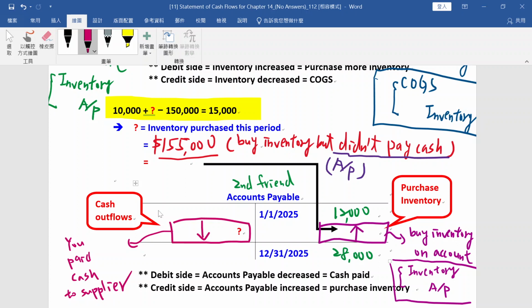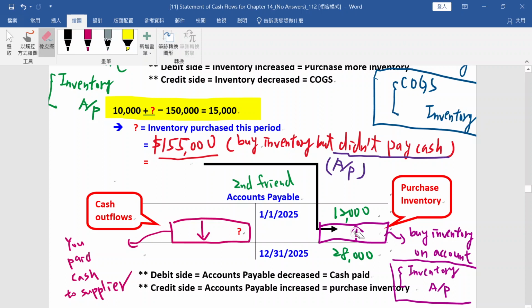Okay, so for these two, which one you have the number already? Accounts payable increase. You got the number from where? From your first friend, right? Your first friend told you you buy inventory but didn't pay the cash, $155,000. So where you got the number from your first friend told you?